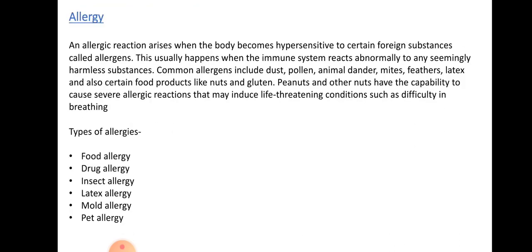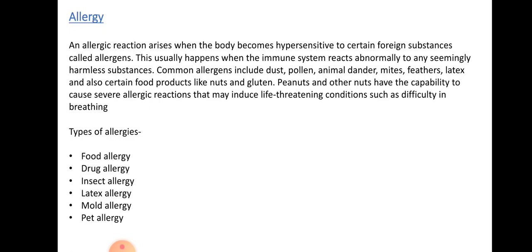Next, moving on to the next topic, that is allergy. As we already discussed about hypersensitivity, that is type 1 hypersensitivity, these reactions of the body often lead to irritating conditions such as allergies. It is a very common condition nowadays.